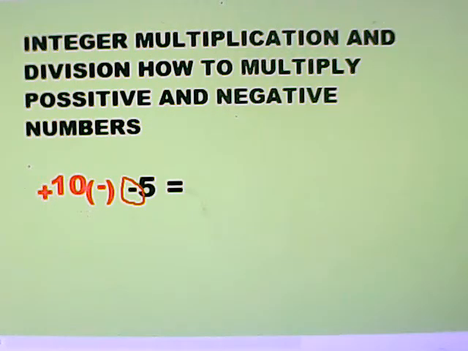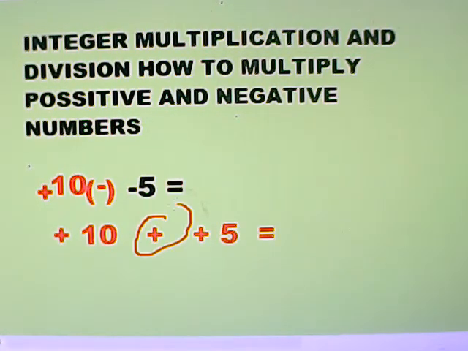And then change the negative sign into a positive sign. So we have to rewrite those numbers. So it will become positive, and the sign here, before it is negative, will become positive. So 10 plus 5 is 15. Positive 15.